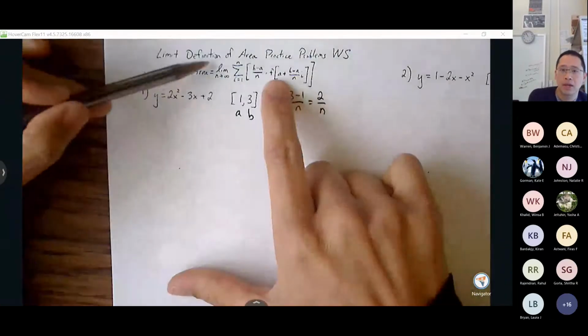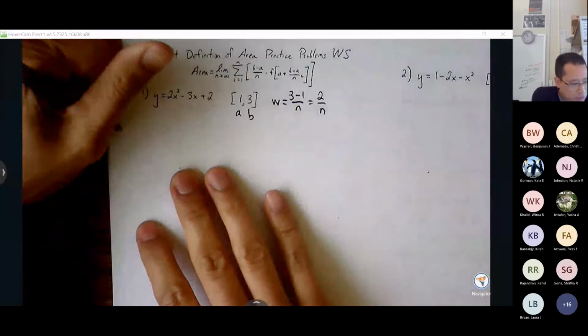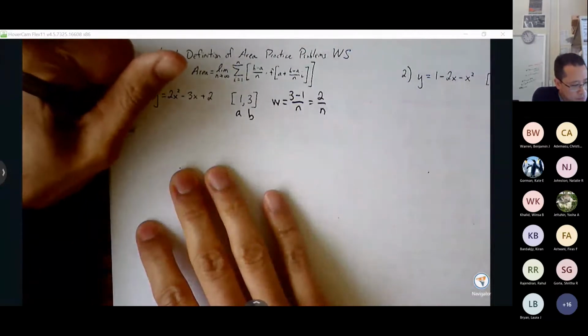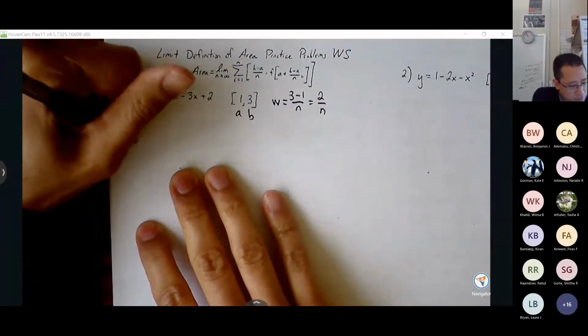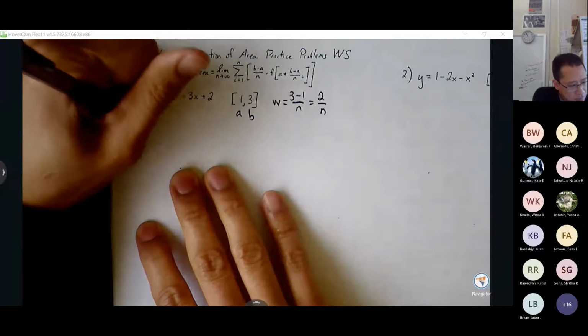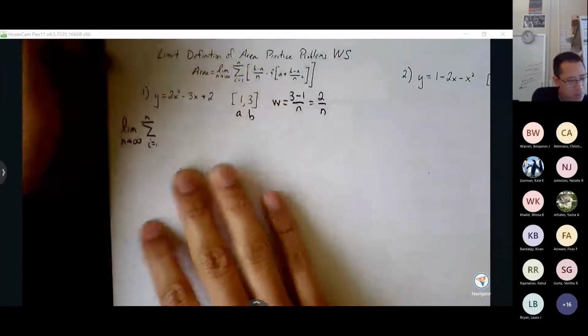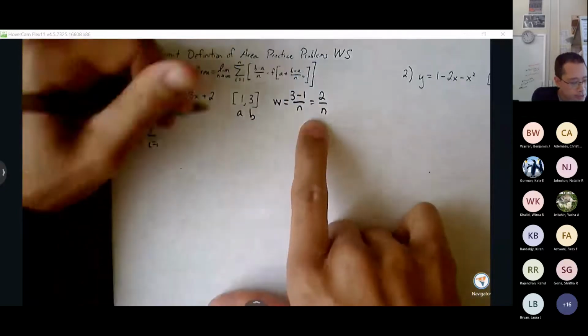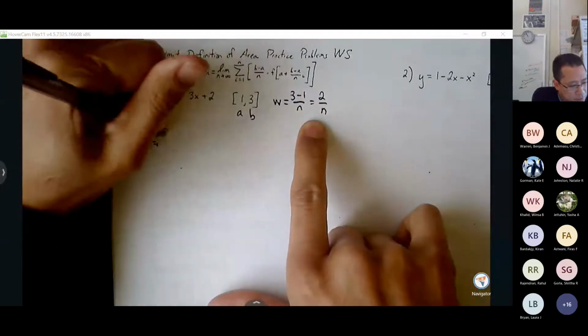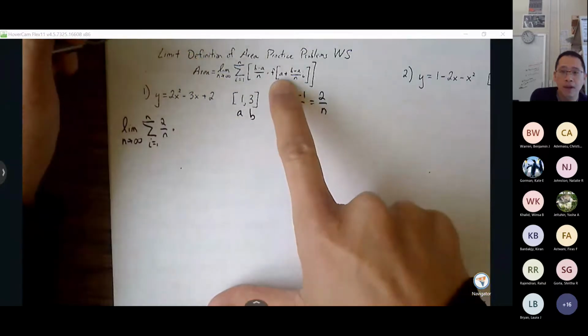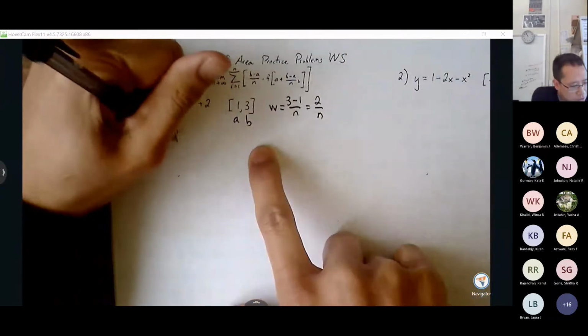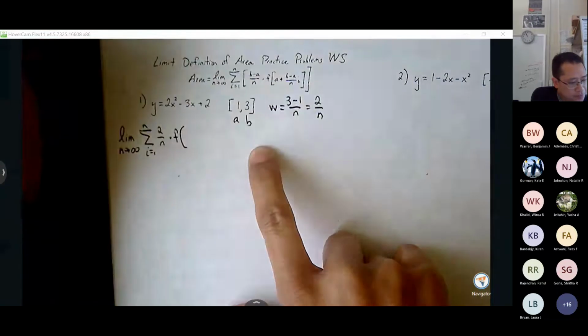Okay, let's start putting into our area formula here. Width is 2 over n. Height component f of a. This is in function notation right now.